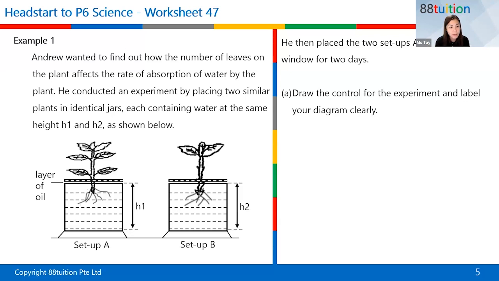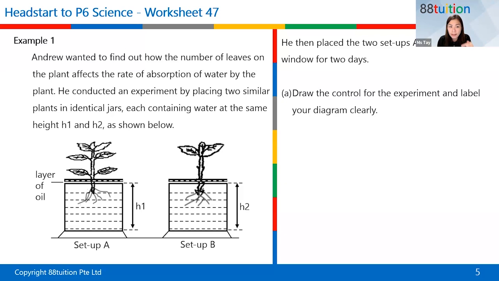Type it in. Hi, Isabel. Yeah, now you turn on the camera, I can see you. So how do you propose? What do you think I should be doing when I draw the control setup? Remember, just now we did talk about it. In order to draw the setup, you must identify what is the change variable, remove that change variable. So what is our change variable here?